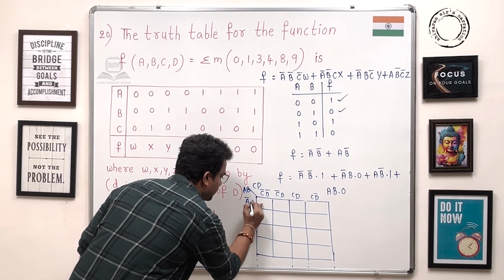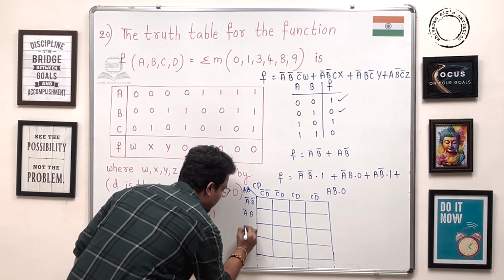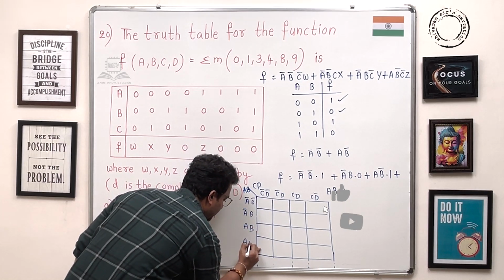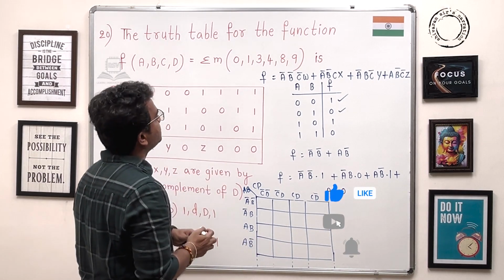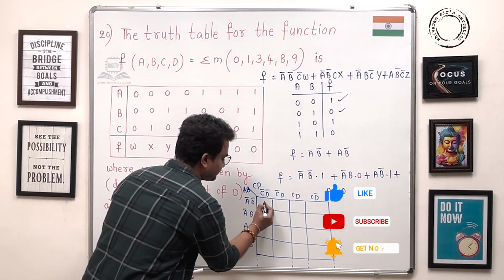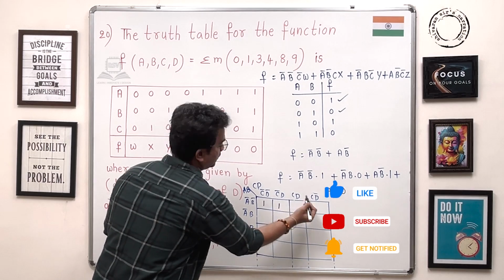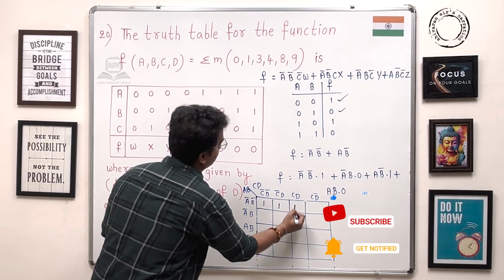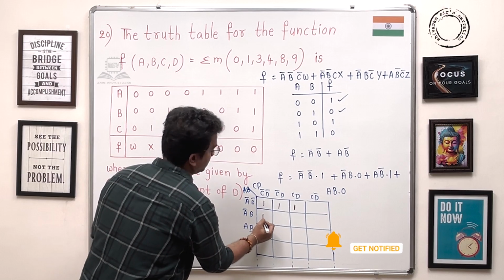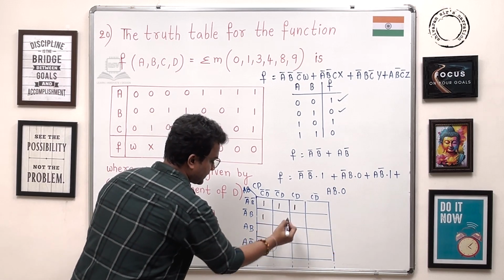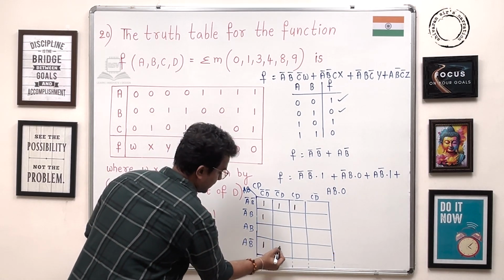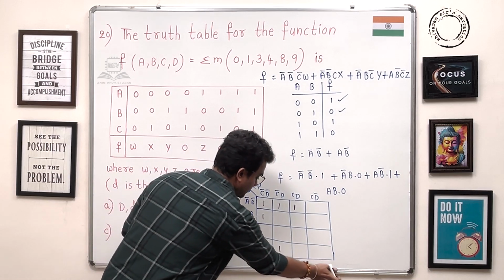Again, A bar B bar, A bar B, A B, A B bar. Now as per the minterms, 0, 1, 2, 3, 4, 5, 6, 7, 8, 9, that's it.